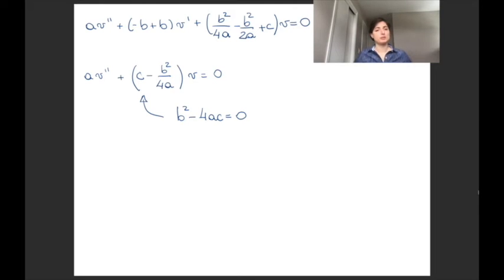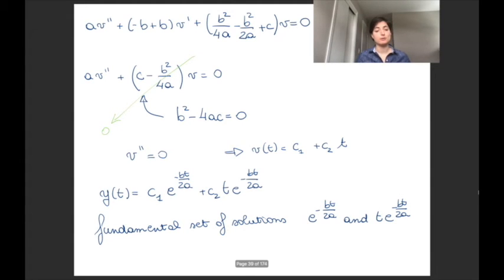But if we look even closer, we remember that because we're solving for repeated roots, b squared minus 4ac is equal to 0. That means that the term in front of v is actually equal to 0. That means that our equation simplifies to v second equal to 0. That is just a linear dependency on time. So v is equal to c1 plus c2t.